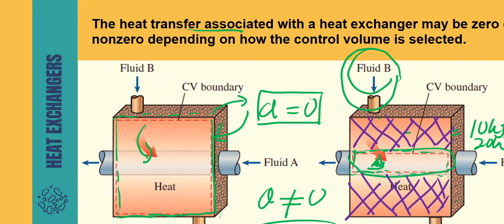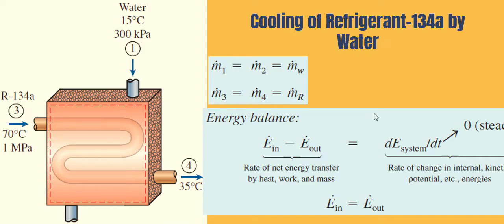So your fluid A is not considered as your system. If you consider only fluid B as your system, fluid A is your surrounding, right? So for a heat exchanger, heat is transferred from fluid B to fluid A.